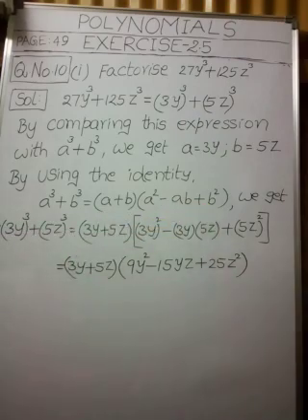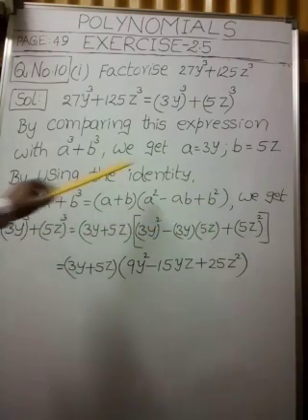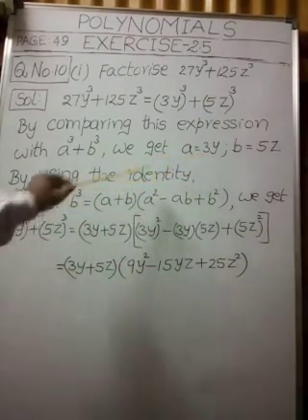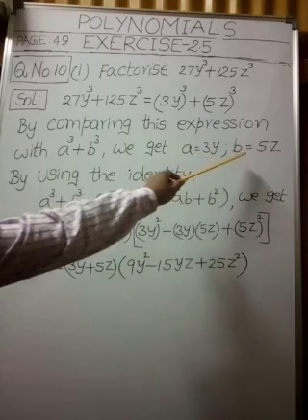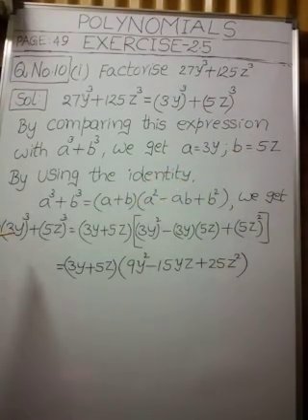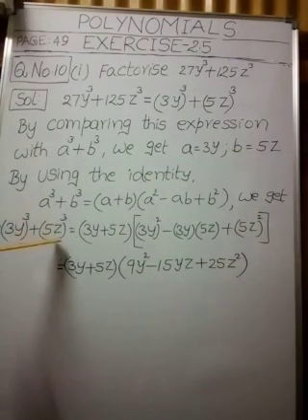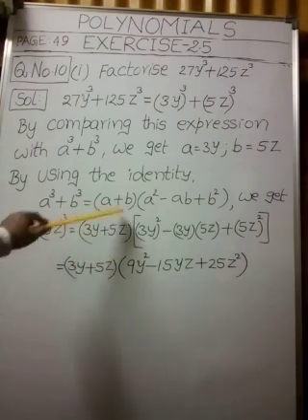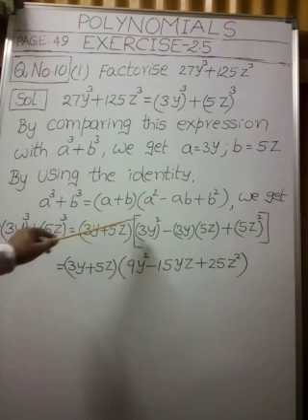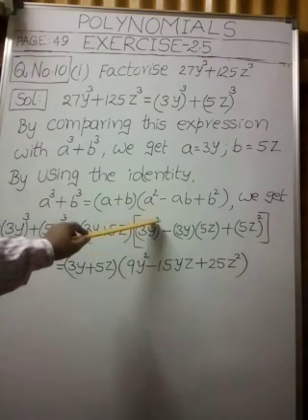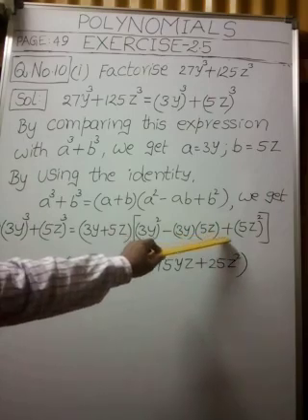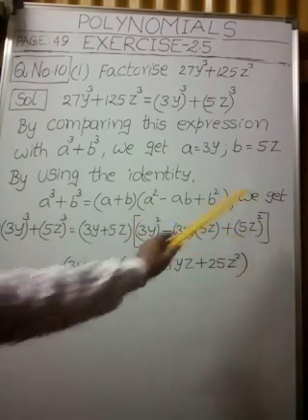Okay, my children. Now in this algebraic identity, I am substituting the a value and b value. Then 3y whole cube plus 5z whole cube is equal to a means 3y plus b means 5z, into a means 3y whole square minus a means 3y, b means 5z, plus b means 5z whole square.